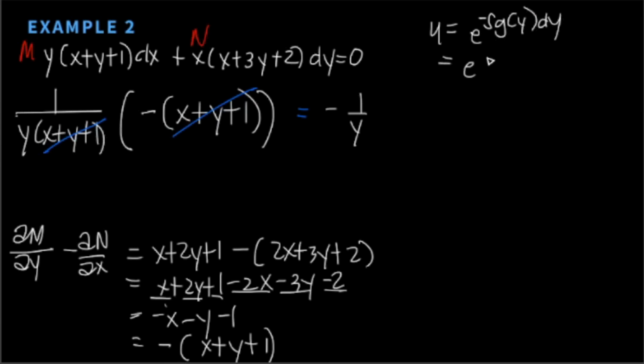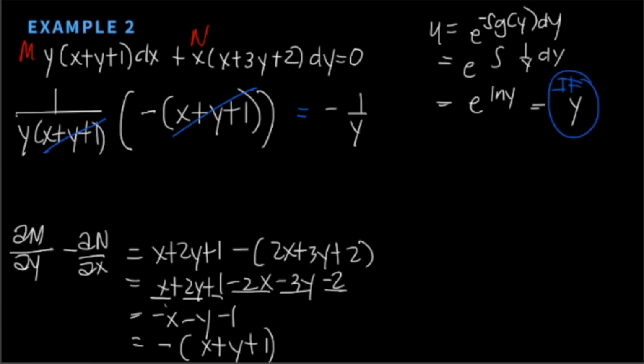So, e raised to negative integral of negative 1 over y dy. So, since parehas to negative, magiging positive na siya. So, erase na lang natin to. So, may siyang e raised to ln y. So, that will be y. So, yan yung integrating factor natin.